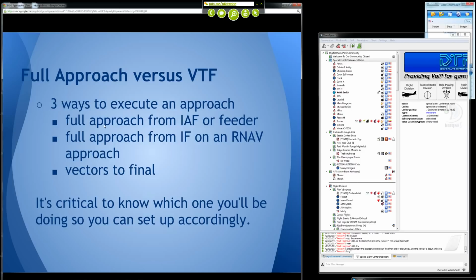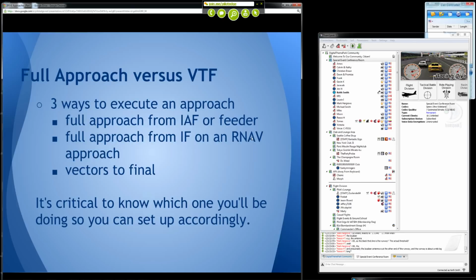There's another way of doing approaches, which really only applies on RNAV approaches, I believe. You can be cleared to a place inside the IAF. You can actually be cleared to an intermediate approach fix, and you're able to shoot the approach from there without any more guidance from ATC. That's the second style of shooting an approach.